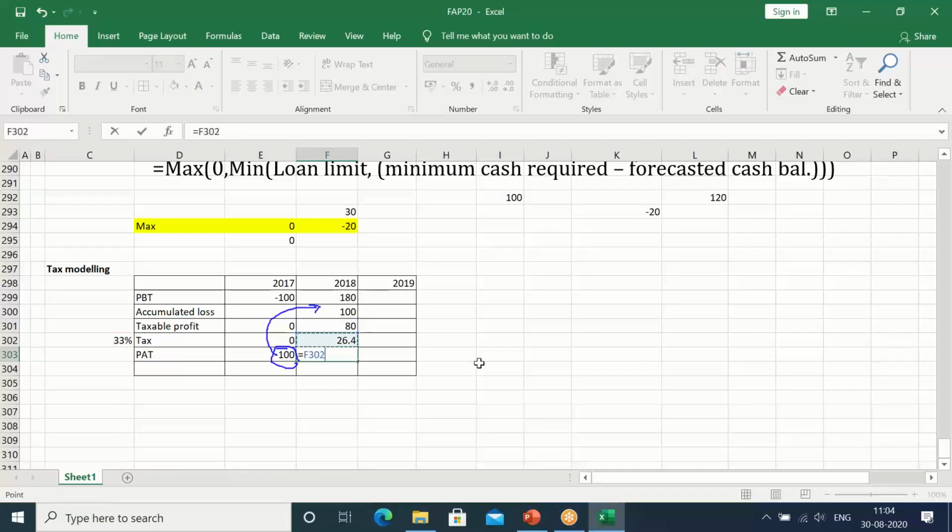Hence, your tax is 33% of 80 rupees. Hence, your PAT is PBT minus tax payout, 153.6.